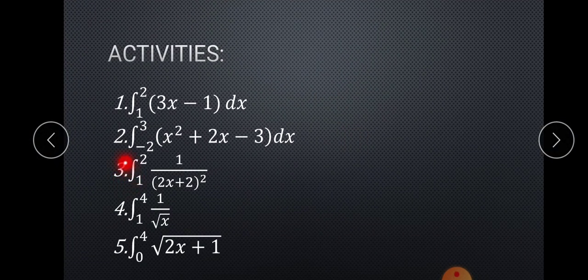The definite integral from 1 to 2 of 1 over (2x plus 2) squared. Number 4. The definite integral from 1 to 4 of 1 over square root of x. Number 5. The definite integral from 0 to 4 of square root of 2x plus 1. So that is your activity.